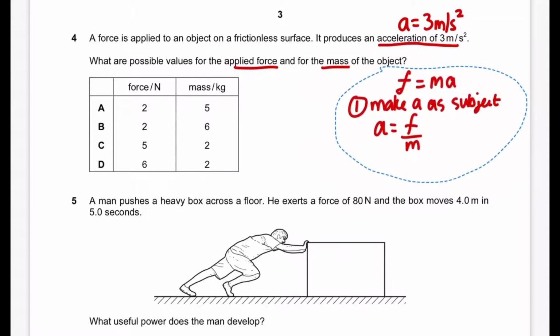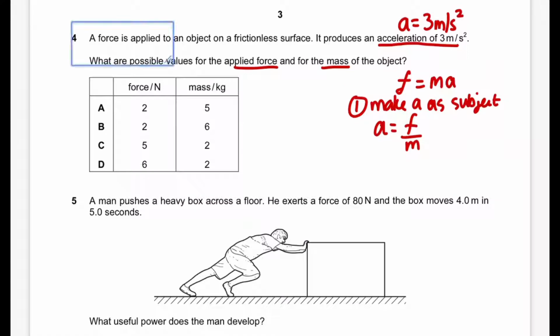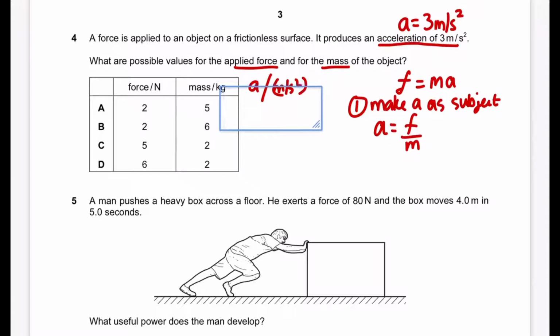Okay, there we go. Alright, when we do this, we can then find the acceleration for each of the options right here. Let me do it first. So F should be divided by M.